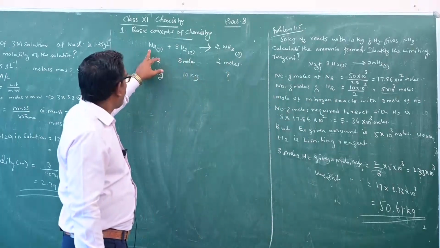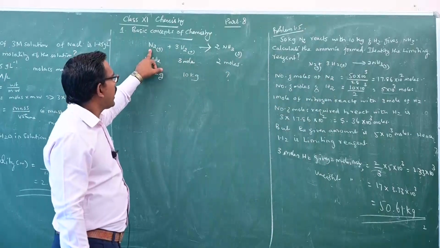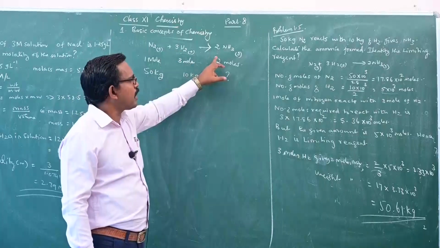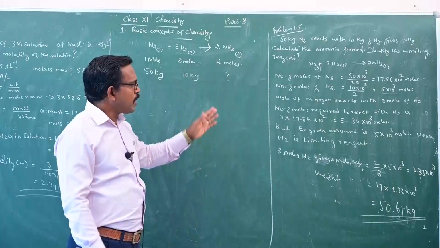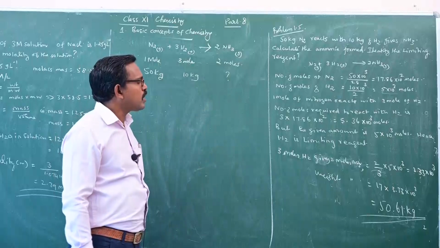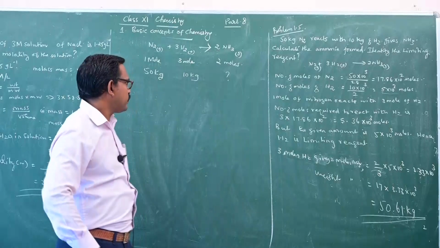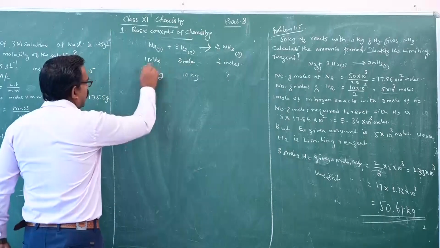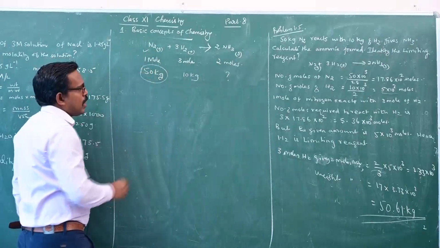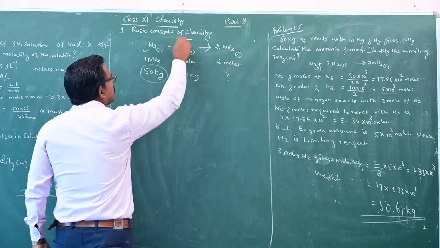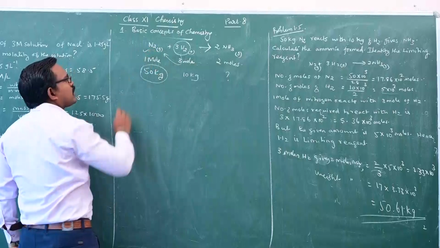Listen, 1 mole of nitrogen reacts with 3 moles of hydrogen. We must find the number of moles of hydrogen required to react with the nitrogen.